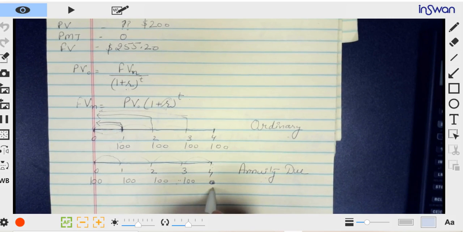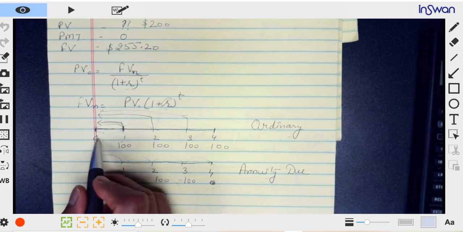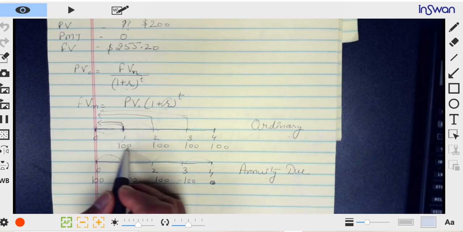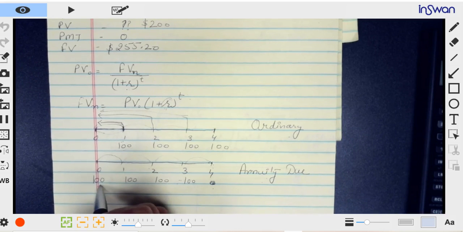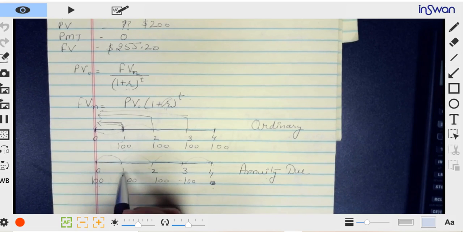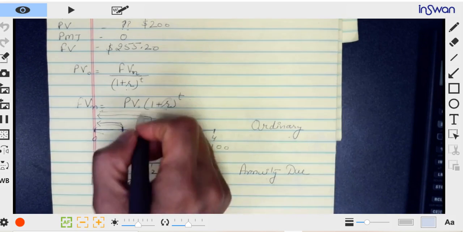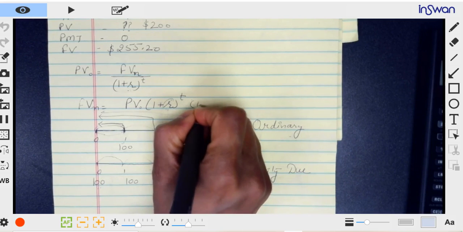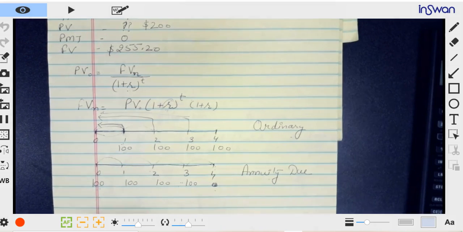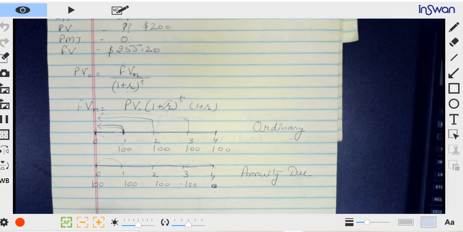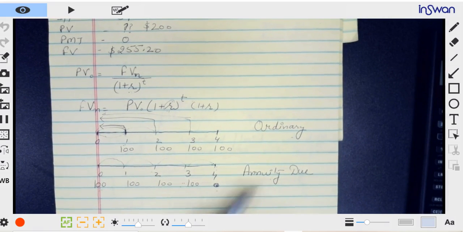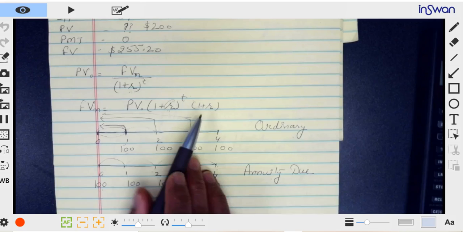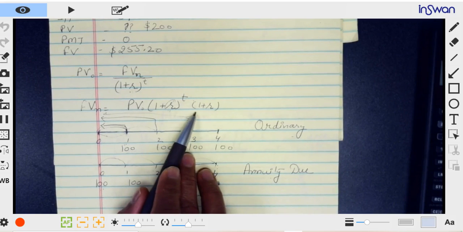In the first year you won't get any interest on this $100, but here in this case you will, and then interest on interest, interest on interest, right? So it becomes one more interest payment. If it is annuity due and you are getting the future value, it becomes one more interest payment.